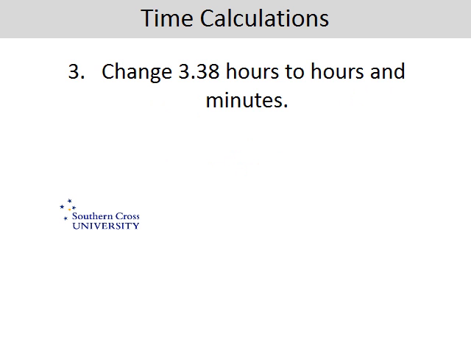Number 3, 3.38 hours to hours and minutes. So we have 3 hours. Right, that's basically that. And then we have this part here, which is 0.38 or 38/100ths of an hour, and we need to make that into minutes.